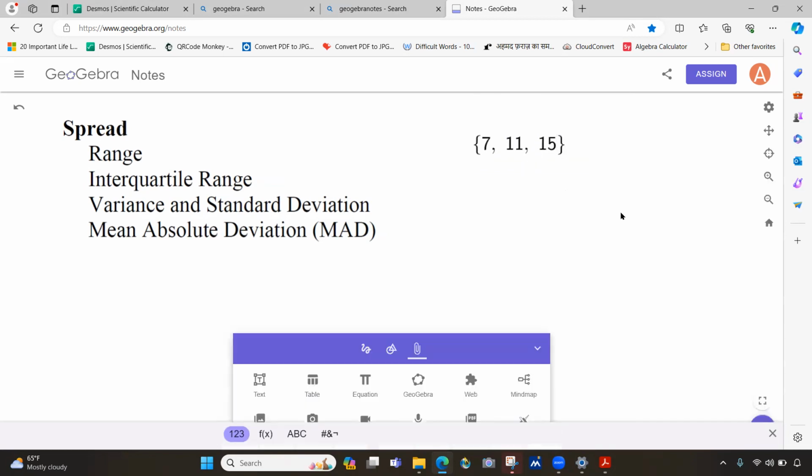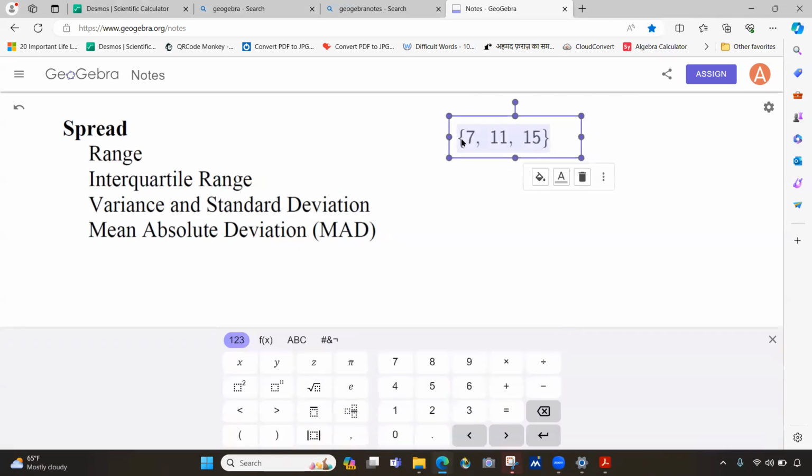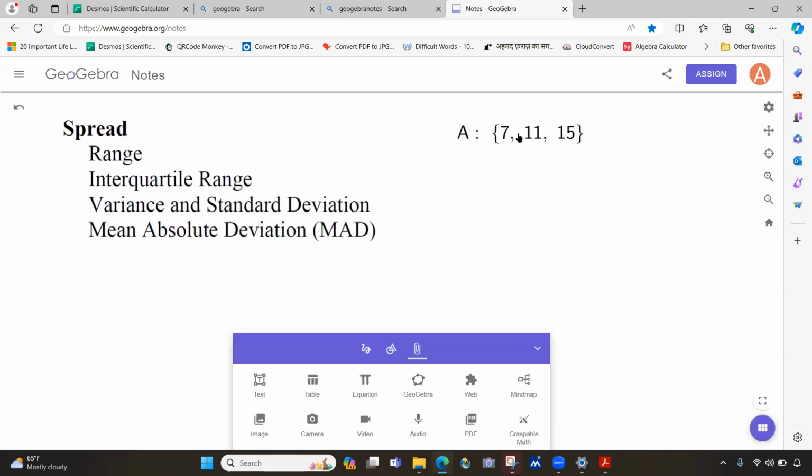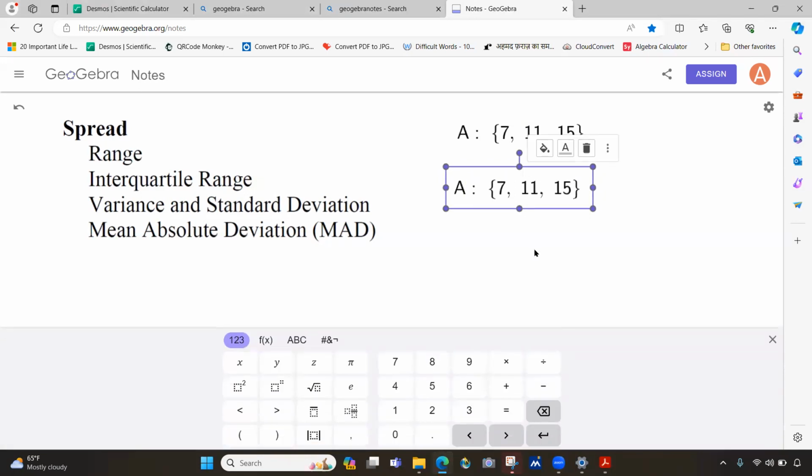Well, this is my data set A. And let's say my data set B has 3 numbers in it, and it is 0, 11, 22.